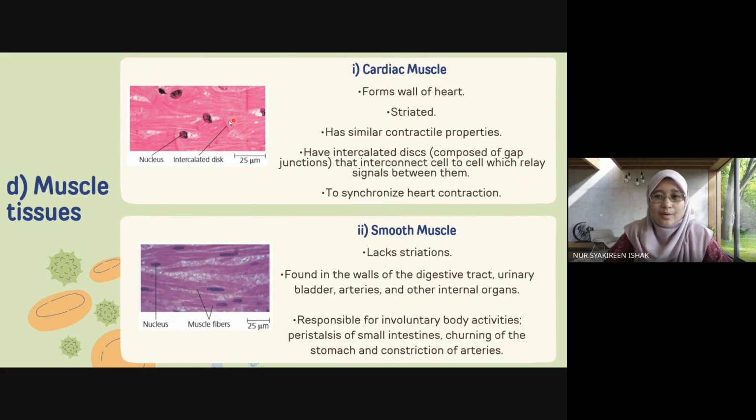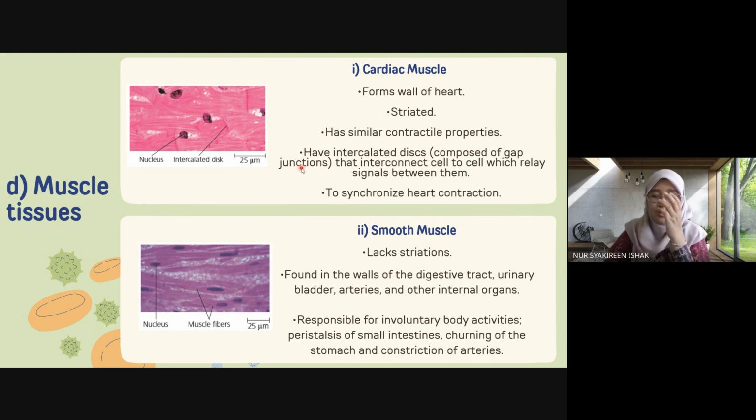The actin filament and myosin filament inside are striated, so it has similar contractile properties. They have intercalated discs composed of gap junctions.